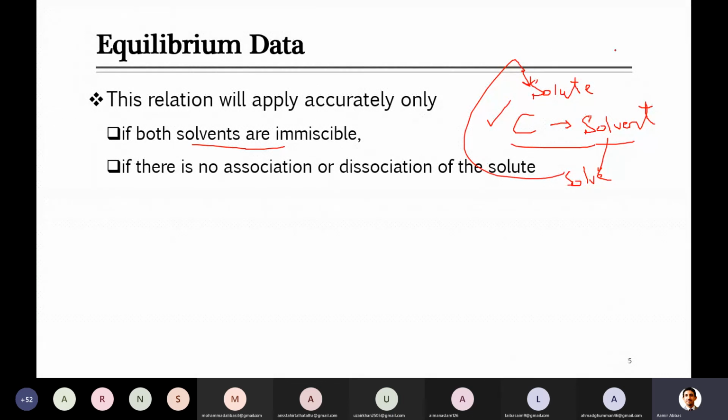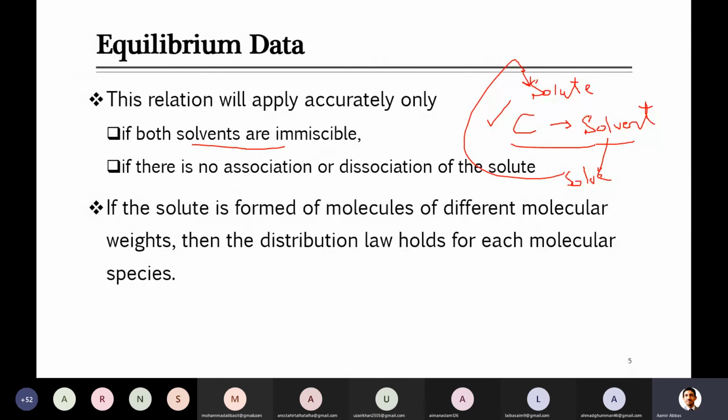This solute which you want to transfer from the feed to the solvent should not associate, meaning a reaction shouldn't take place here, it should only get dissolved and be transferred from the feed to the solvent. It shouldn't go for a reaction, either making something new or its original identity being broken. It should not be broken into its components. For example, if it is a heavier component, it shouldn't be broken into various parts.